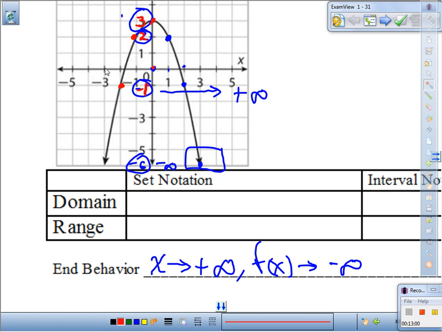Negative 3 of x, what is the y value? Negative 6 again. So what do you guys notice from the y values? That they started at 3, it went to 2, negative 1, negative 6. So as we continue on the x values going in that direction, what would I write? X approaches negative infinity, f of x approaches negative infinity also. Why? Because it's going to continue going in that direction.